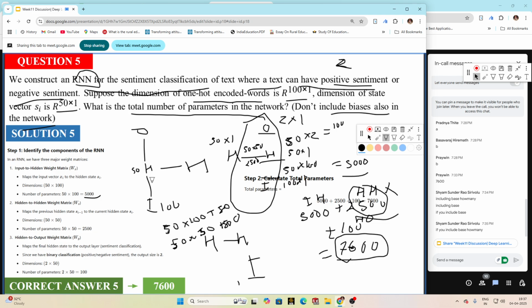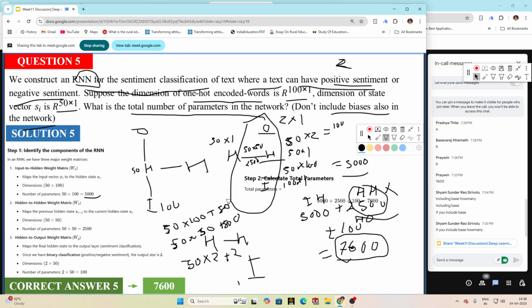That means 2550. And between hidden and output we will have 50 into 2 plus 2, so that many biases. So how many biases? It is 5050, and 2550, and then you will have 102. Just sum it up and you will get the number of parameters including bias.